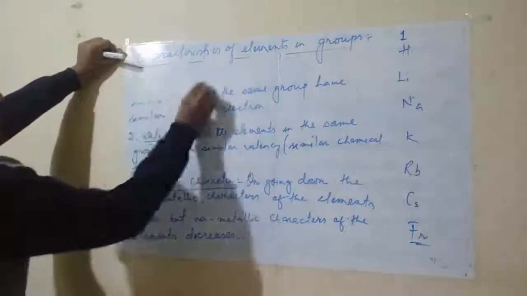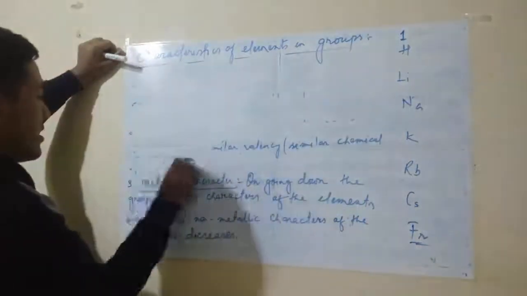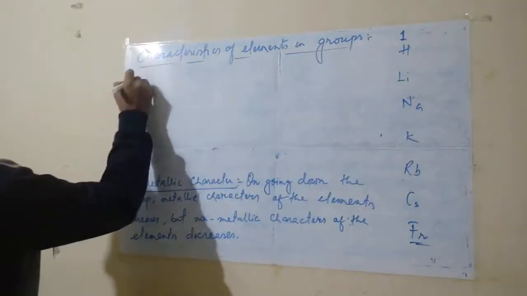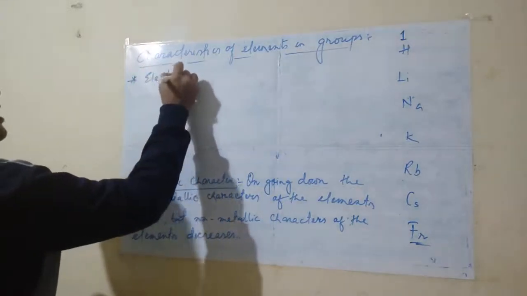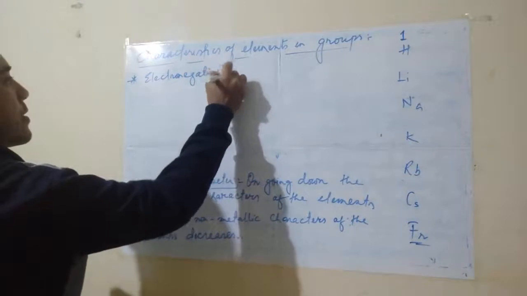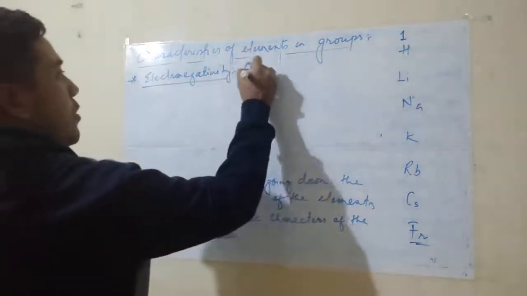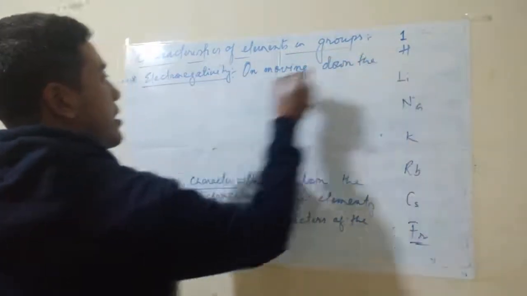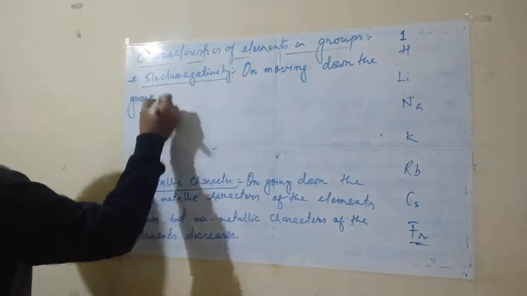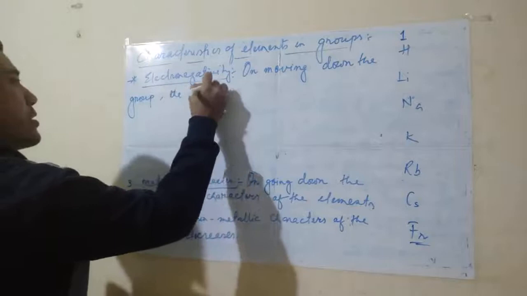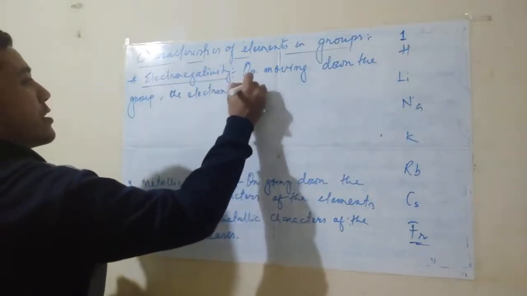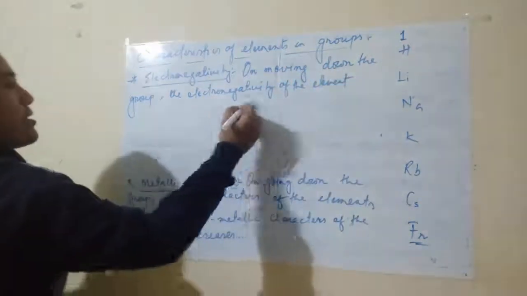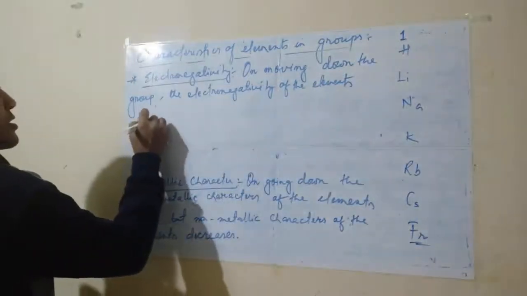Now look here, if the non-metallic character decreases on going down the group, then in terms of electronegativity, on moving down the group, the electronegativity of the elements decreases.